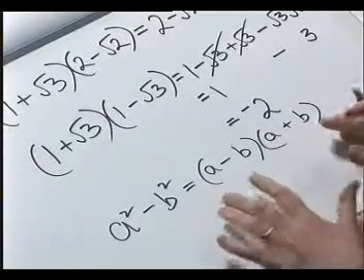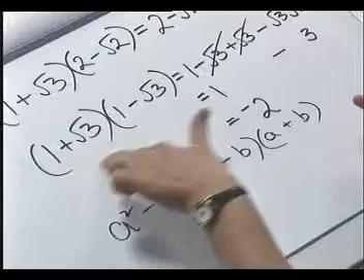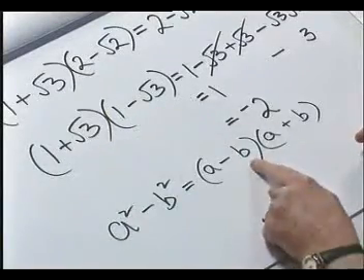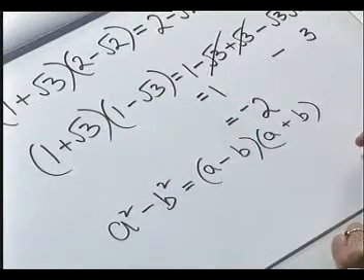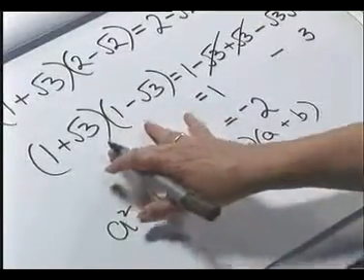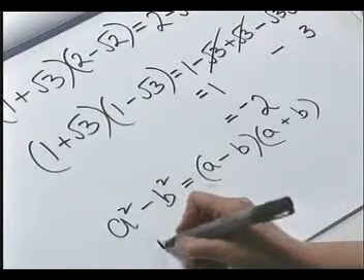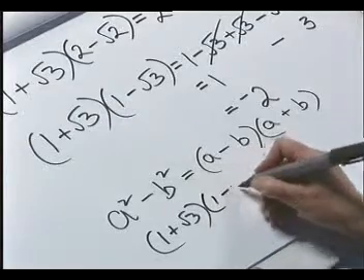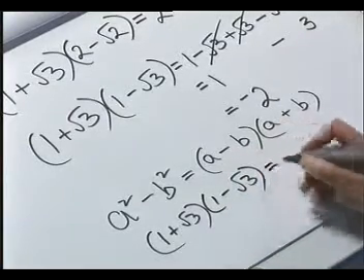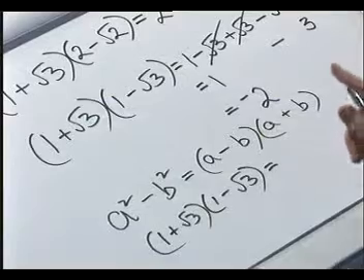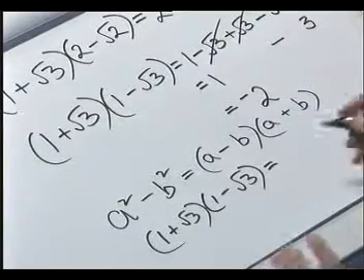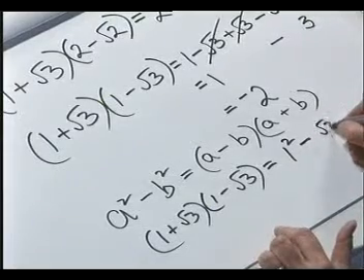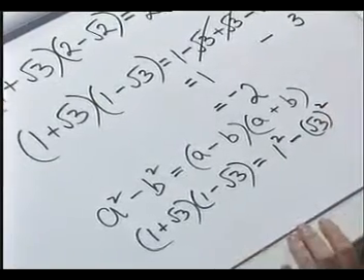Now can you see that this is similar to what we had up here, where a is 1 and b is root 3. So our product here, 1 plus root 3 times 1 minus root 3, is really the difference of two squares, and the two squares are 1 squared minus root 3 squared.